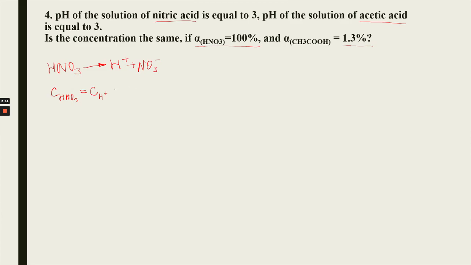So it will be 10 to the power minus 3, as pH is equal to 3, moles per liter, or I will write it this way, 0.001.